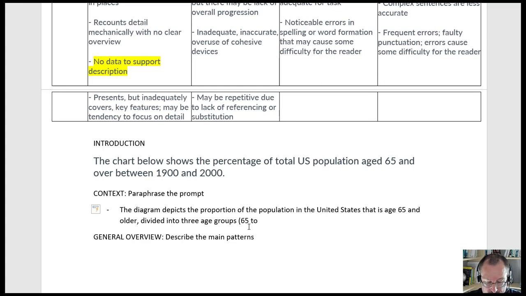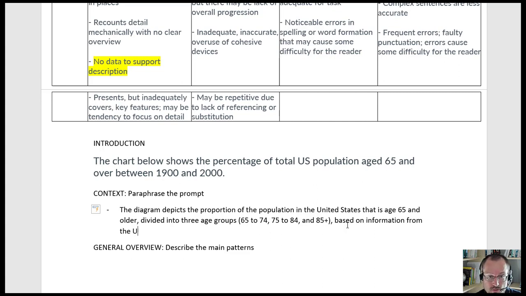And we're going to include the Census Bureau based on information from the U.S. Census Bureau.